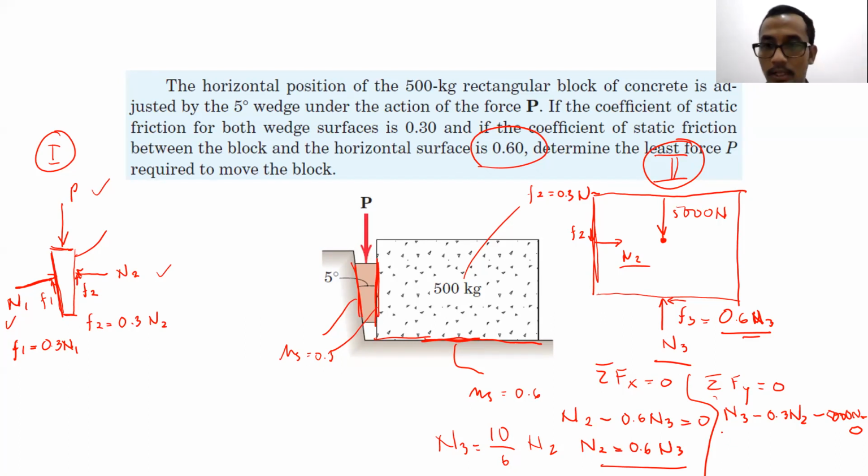Then what I will have here is 10/6 of N2 minus 0.3 of N2 minus 5,000 Newton equal to 0. Then I can calculate for N2 there.